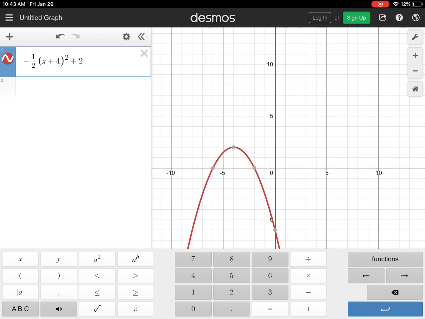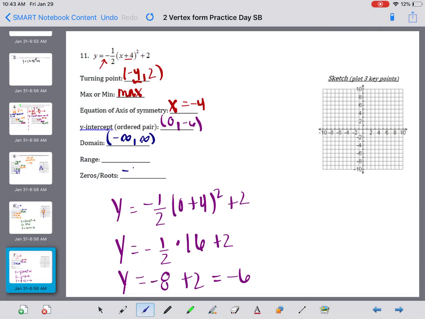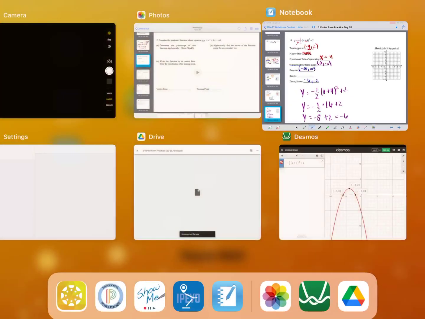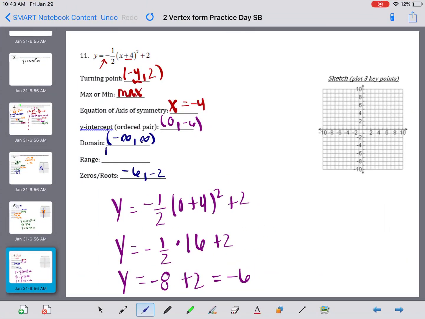So just check everything. Our vertex matches what we wrote. Our roots are negative 6 and negative 2, so I'm going to write that down. And then our range goes from lowest is negative infinity because it's opening down. And the highest it goes is always the y value of your vertex, so 2. So our range is from negative infinity to 2.